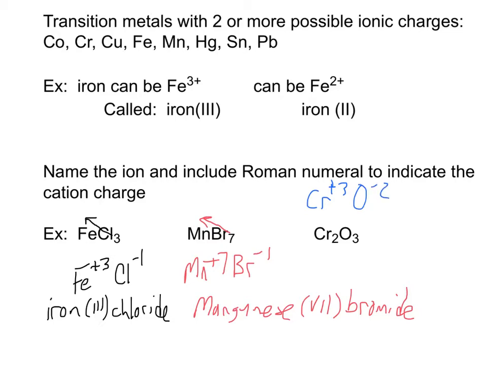So it's chromium 3 oxide. All right, so the only difference is we need to insert that Roman numeral again, recognizing that there's more than one possibility for the charge. So let's go to the reverse kind of problem on the next slide.